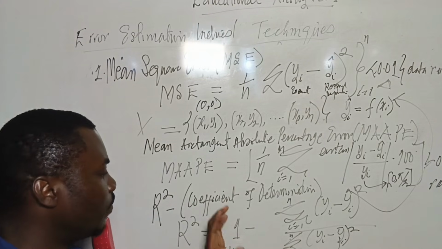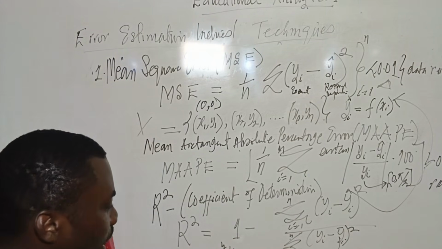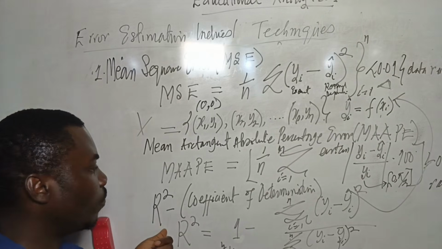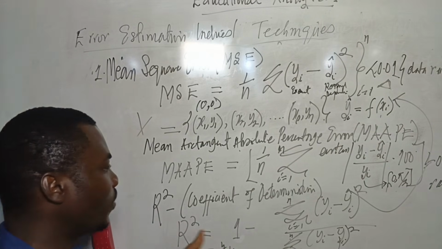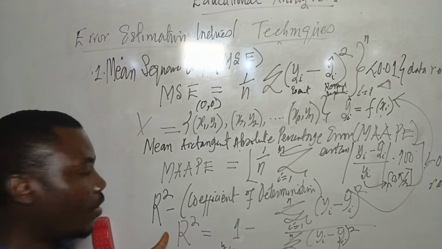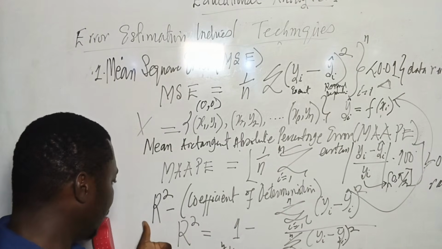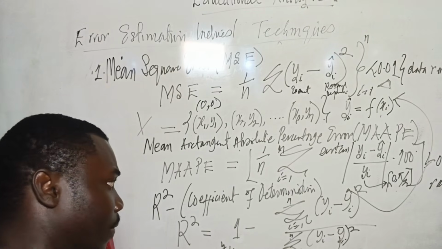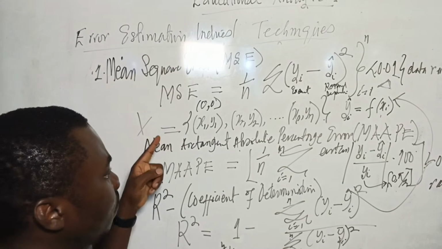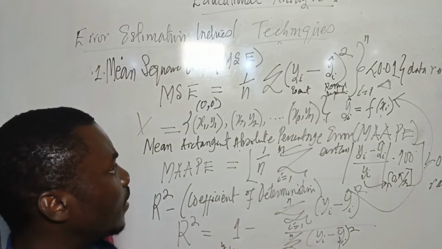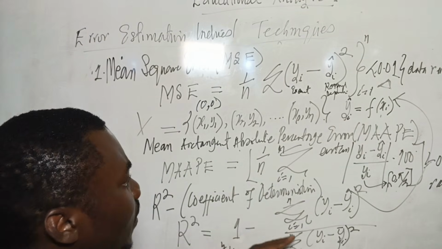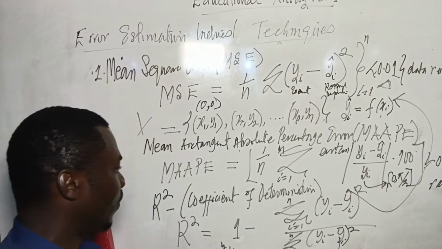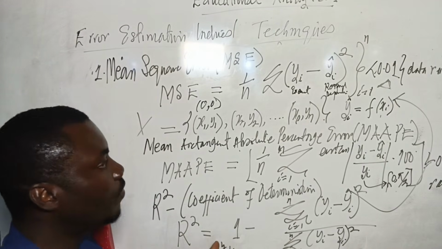In the SPSS output, you will go down below the table and have R squared, which is called the coefficient of determination. This coefficient of determination gives you the proportion of the variance in the dependent variable, the response variable, as a result of the contributions of the independent variables.